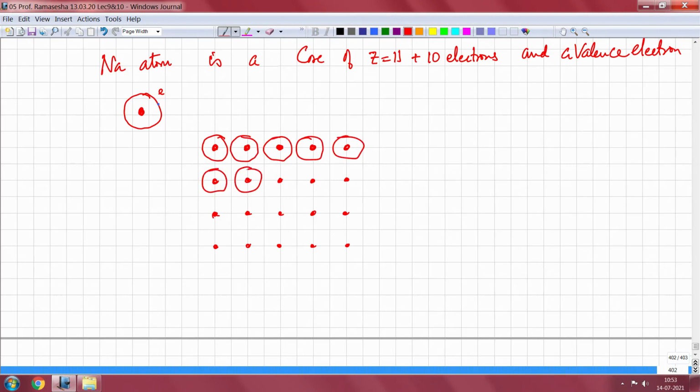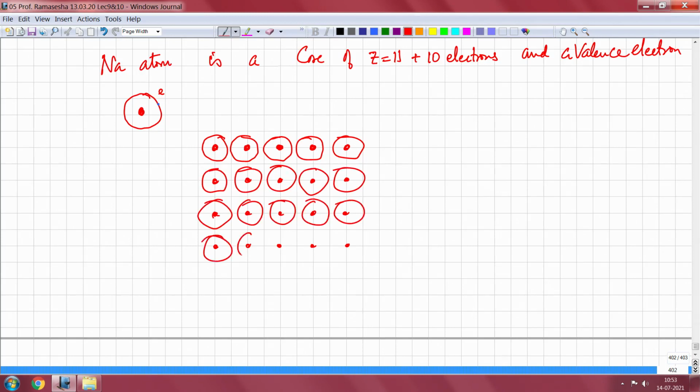This is schematic because there is no orbit in quantum mechanics, it is all orbitals. And each one has one electron.